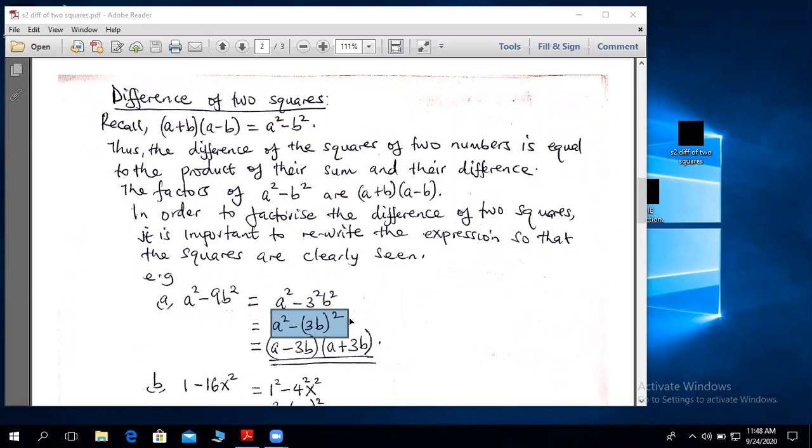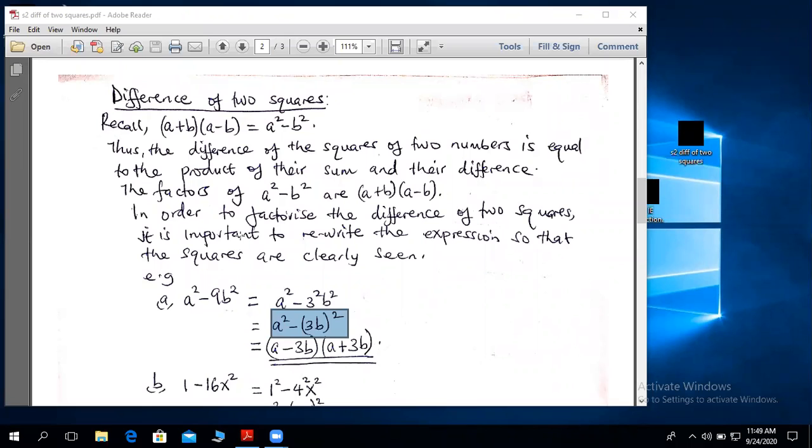So what is the sum of these numbers? Remember our numbers that are squared, one of them is a and the other one is 3b. So their difference is a minus 3b, and their sum is a plus 3b.